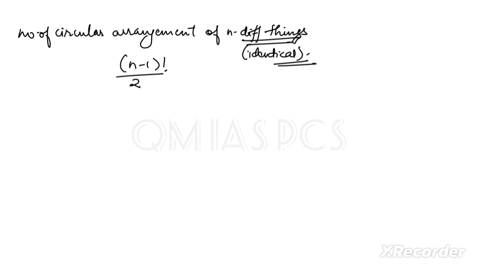So if both are the same, then it will be divided by 2. Okay, so understand the condition, like the example of a garland or a necklace. You know better examples, right?